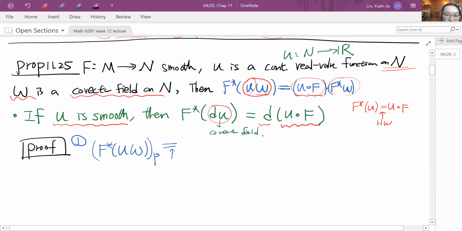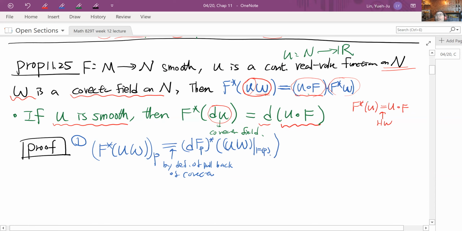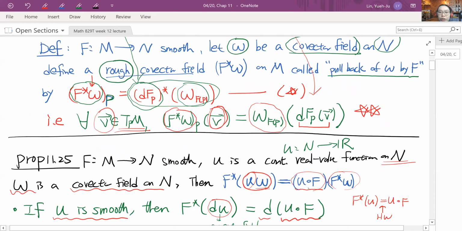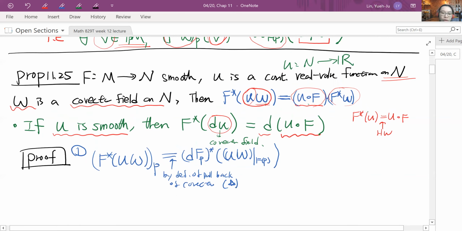By the definition of pullback of a covector, I'm taking the dual map of the differential, and then I essentially want to pull back this single covector. But when I pull back, I'm pulling back from the value at f of p. This is using the star definition above, so let me write the star here.